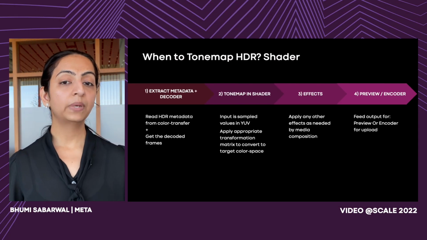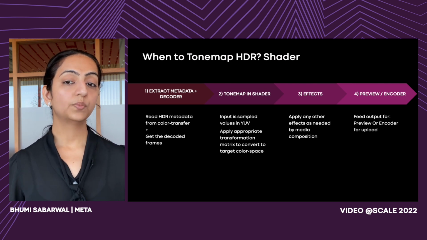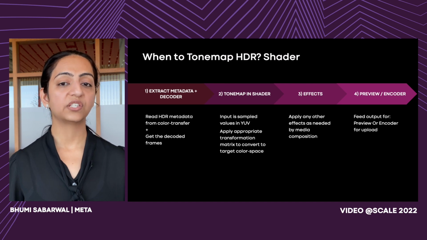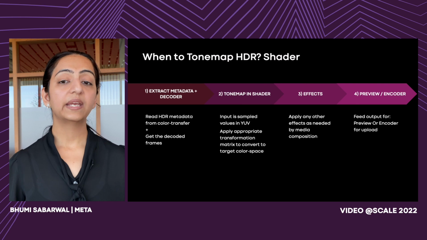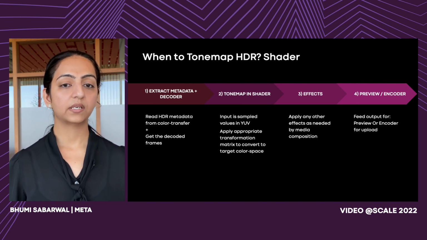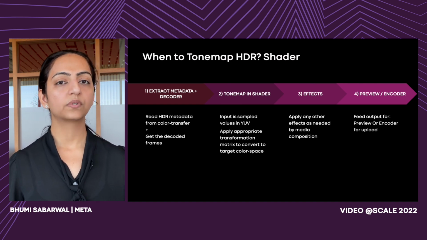Note that the tone map shader only has the math and is unaware of HDR versus SDR frames. The correct shader needs to be implemented and selected to handle SDR versus different HDR formats. After this, we can apply any other effects like stickers, etc. to the tone mapped SDR. And finally, this SDR we will preview or encode for the upload.